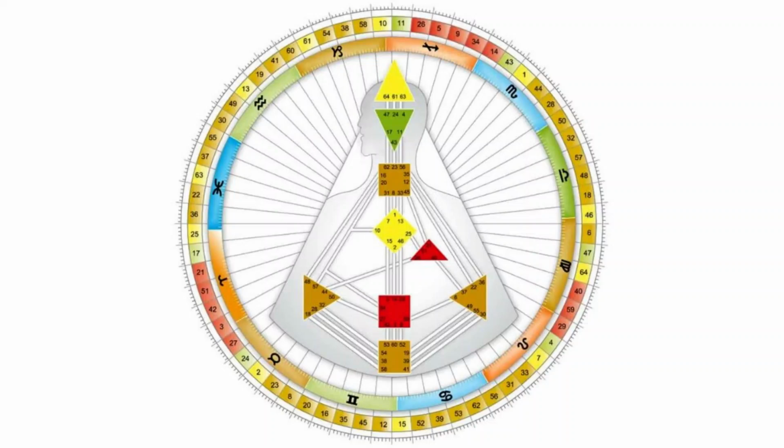Gate 32 carries the tribal instinct to preserve what is viable and discard what is not. As part of the tribal support circuit, it ensures the tribe's survival by sensing which ventures, traditions, or relationships will stand the test of time. This is not logical prediction, it is instinctive knowing.